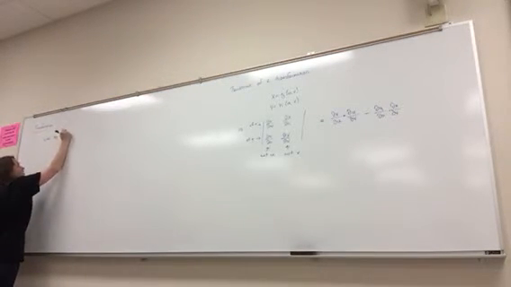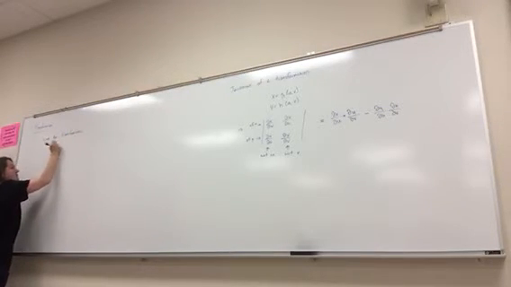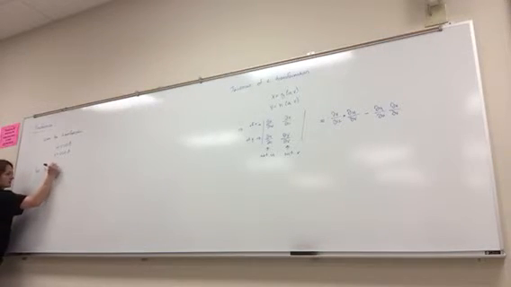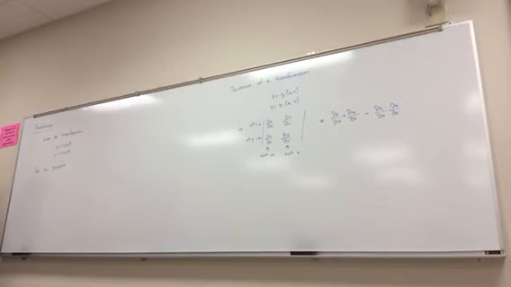Given the transformation x equals r cosine theta and y equals r sine theta, find the Jacobian. I want you to think about this really quick. What transformation is this?